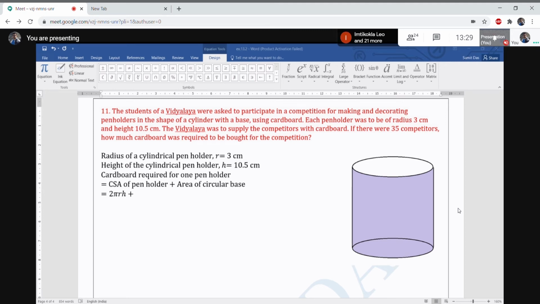Let me know what is the area of a circular base. Anyone? Yes, sir. Why yes, sir? I'm asking for the answer. Let me know the answer.